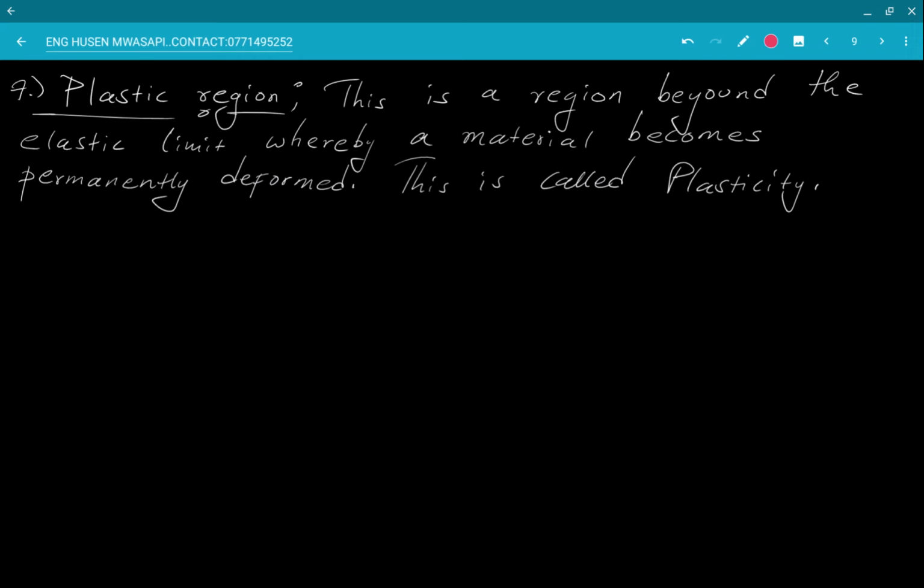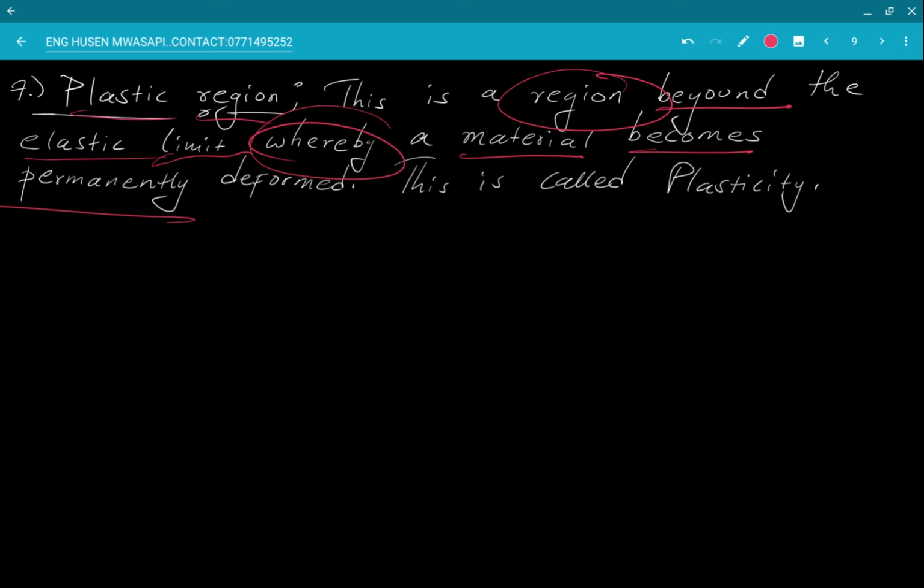Deformation is a permanent change in the structure of a material. So when we talk about the plastic region, this is simply just a region beyond the elastic limit, whereby a material becomes permanently deformed. So this process of a material becoming permanently deformed is what we call plasticity.